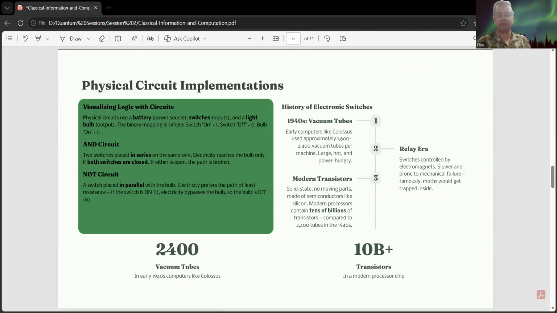Then we moved on to modern transistors, and later on, especially in the 50s and 60s, we had the integrated circuits. Then we could have tens of billions of transistors on just one CPU compared to 2,000 tubes in the 1940s, and it takes much smaller space.